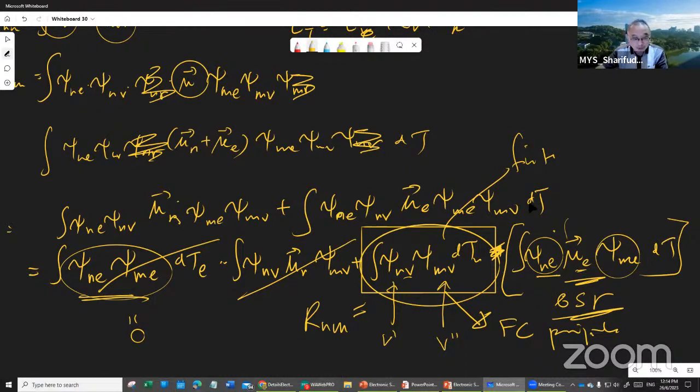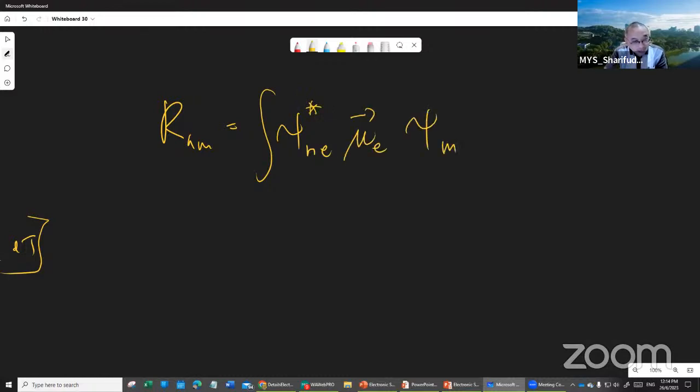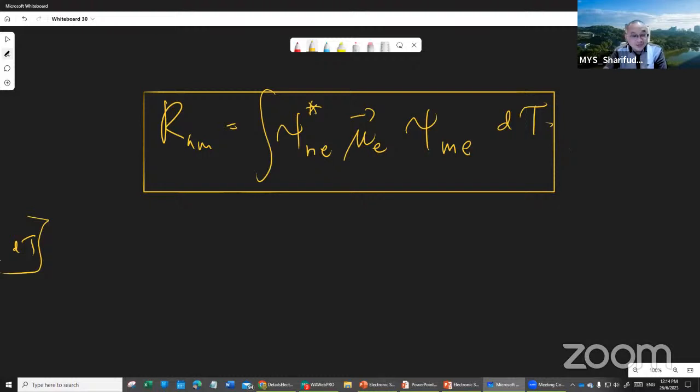In other words, what we're left with is R and M is equal to the integral of psi n E, you put a star back because that's the conjugate, mu E psi m E d tau. So after this, the symmetry considerations will be based on this, right?